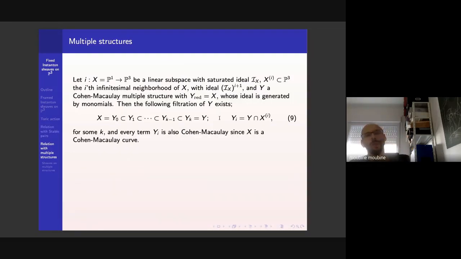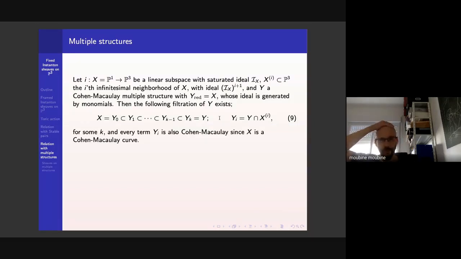Okay, so this will lead us, we want to characterize this rank 0 instanton sheaf on this multiple curve. We want to know more about it, if it comes in families or not, because we want to have a description of the moduli space in terms of localization to these fixed instantons, but unfortunately, in this case it's more complicated.